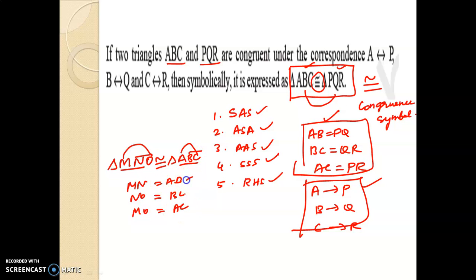This is the side property of congruent triangles, and similarly the corresponding angles are also the same. That is M equals A, N equals B, and O equals C. The corresponding angles are also equal when the two triangles are congruent to each other. Okay, so let us continue the slides in the next video.